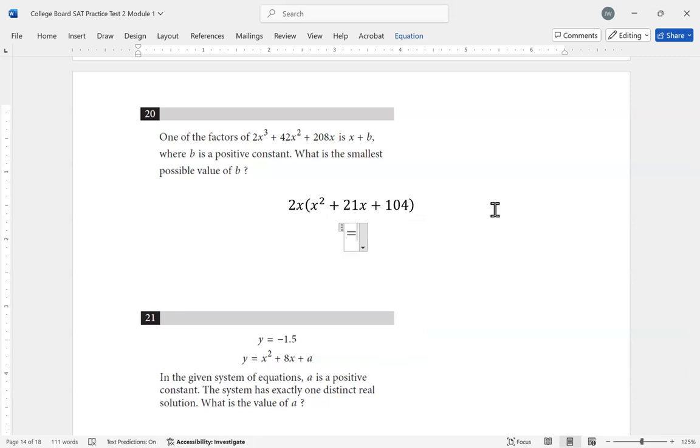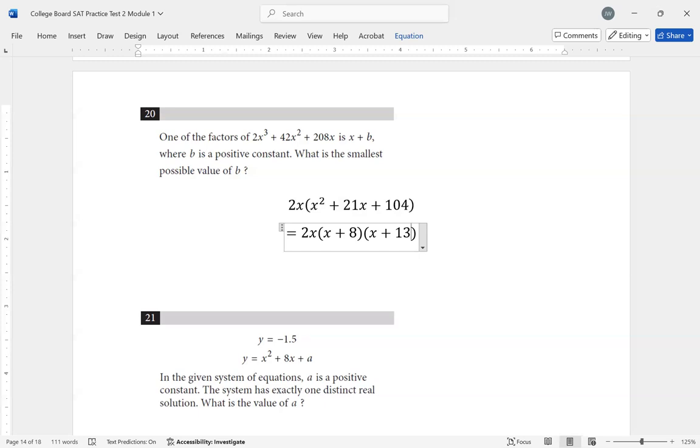So now I just have to factor that quadratic into two components. Because I have a coefficient of 1, I can write it as x plus a number times x plus another number. I just need to look for numbers that multiply to give me 104 and add to give me 21.